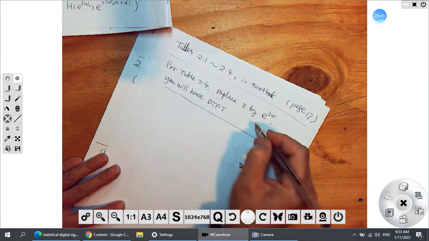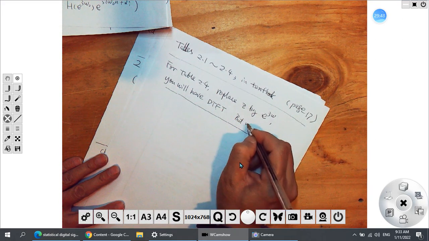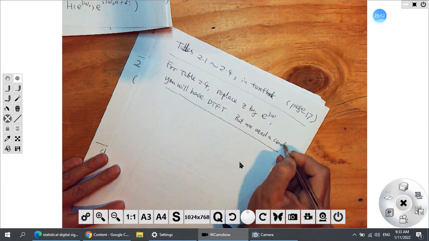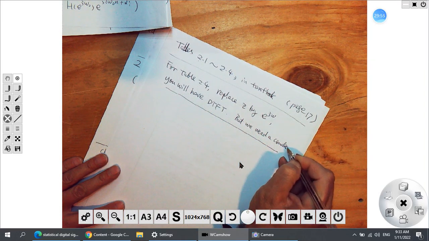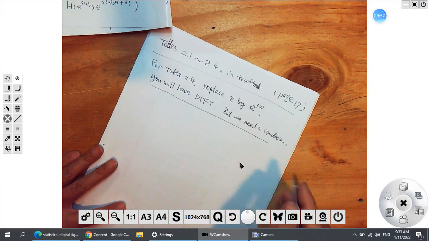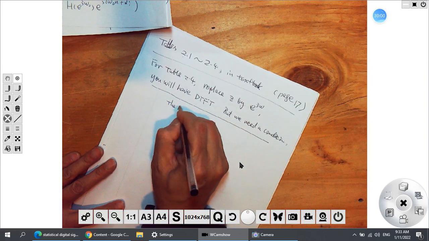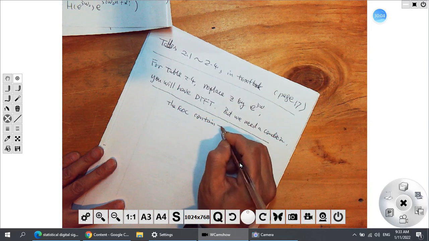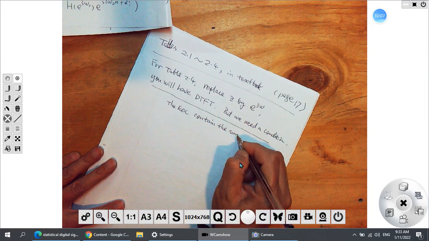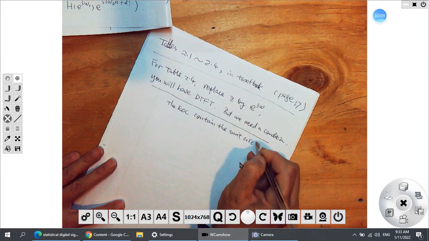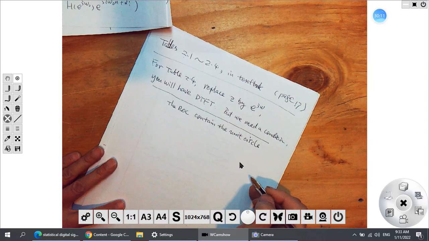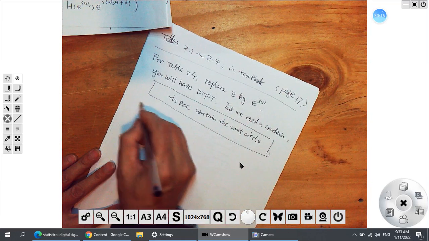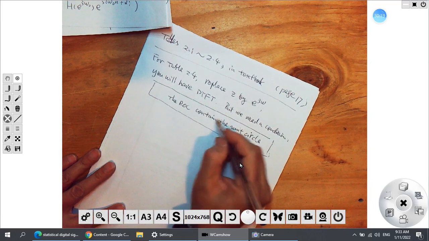But we need a condition: the ROC contains the unit circle. Okay, this is the condition. We need this condition. So what is a unit circle, right? I have this one. ROC contains the unit circle.